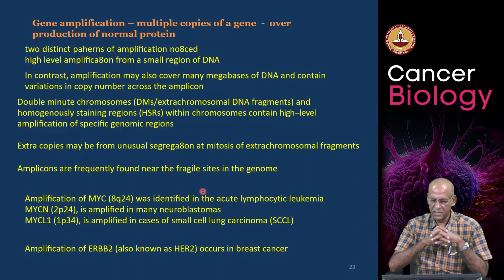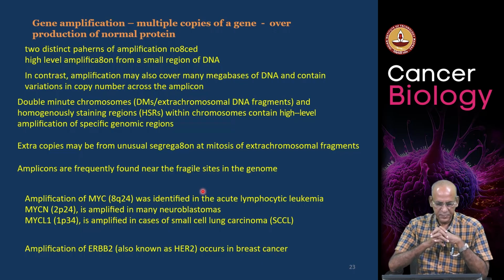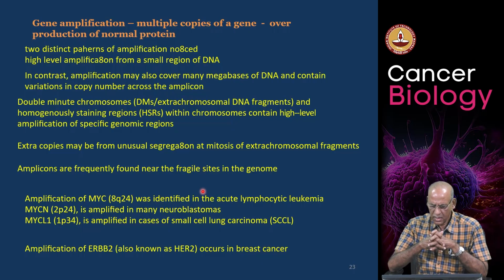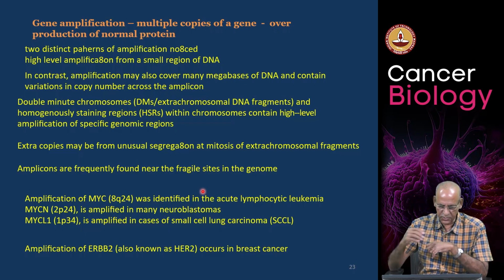That has been noticed in cancer. The extra copies may sometimes come from unusual segregation at mitosis. Mitosis after all is not a perfect process, sometimes there can be errors, especially on the extrachromosomal fragments. Then amplicons are frequently found near the fragile sites in the genome. So, there are certain sites which are prone to these alterations in the chromosome.